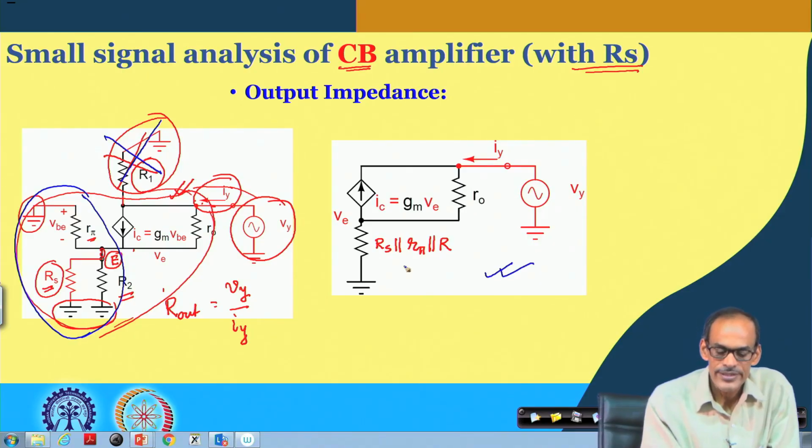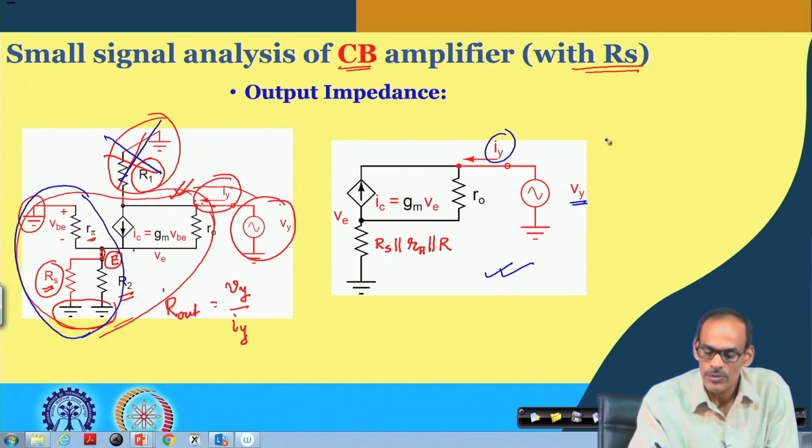Let us analyze this circuit, considering this as our stimulus and this as the corresponding observation. Whatever V y divided by I y we get, we call this R out dashed.